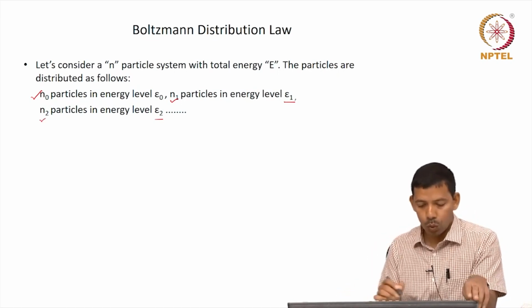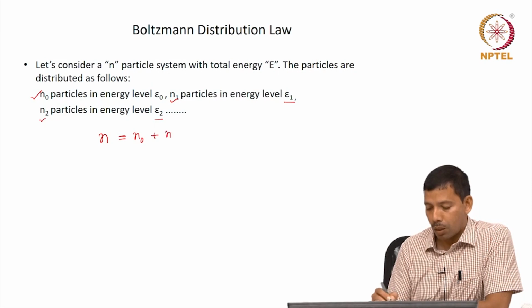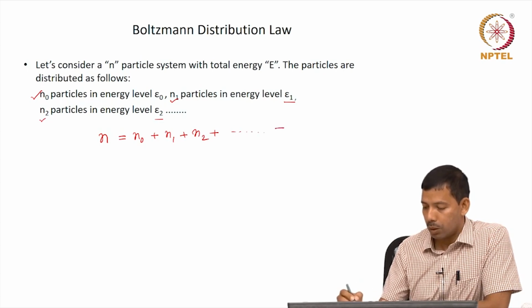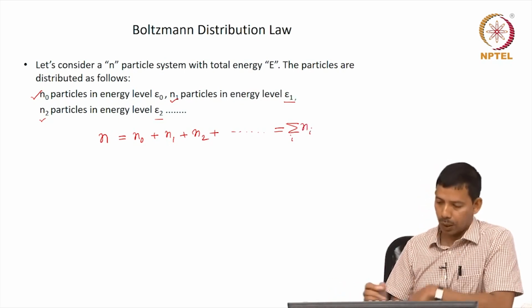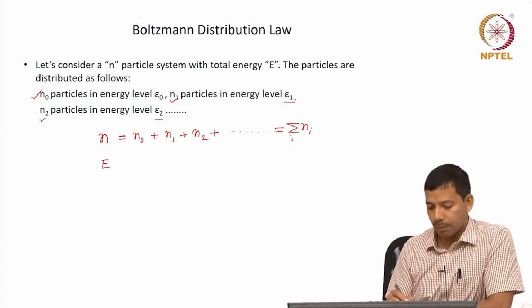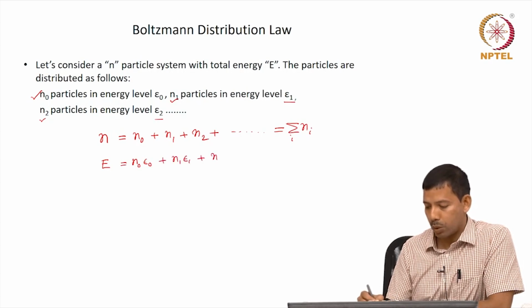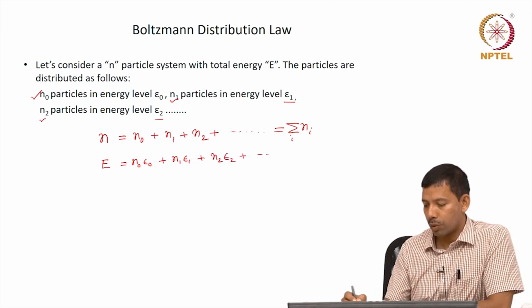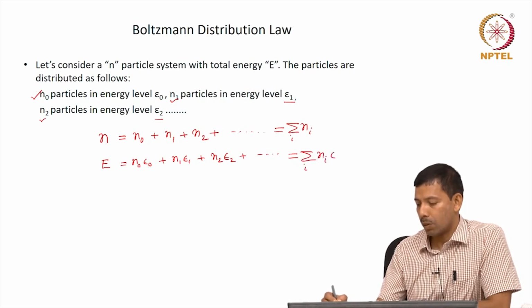My total number of particles n is n0 plus n1 plus n2 plus all other terms, which we write as sum over i of ni. Likewise, our total energy E is n0 epsilon 0 plus n1 epsilon 1 plus n2 epsilon 2, and so on, which you can write as sum over i of ni epsilon i.